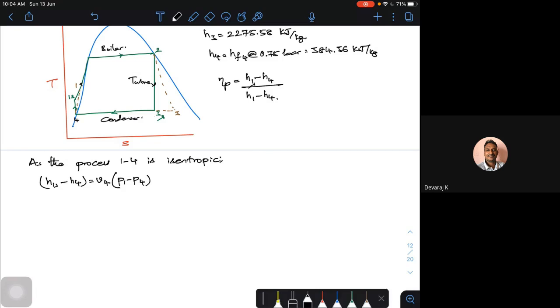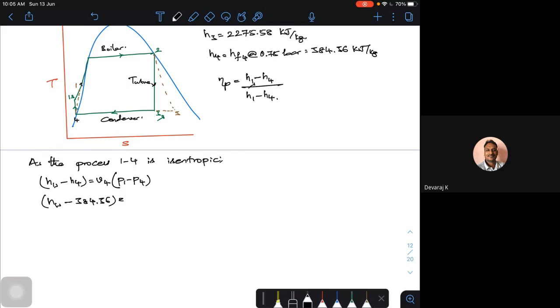Now P4 is 0.75 bar, but I am not compressing it to 17.5 bar from zero, so it has to be 17.5 bar minus this particular value. So H1S, which I am supposed to calculate, minus 384.36 is equal to V4 times the pressure difference.